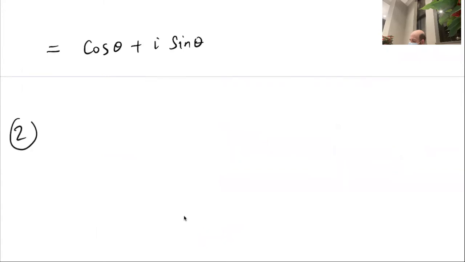All right, let's look at more properties. Now, what will be the magnitude of e to power i theta?